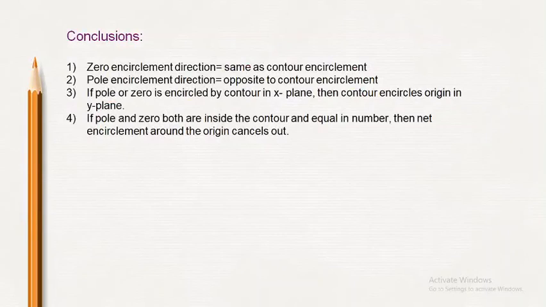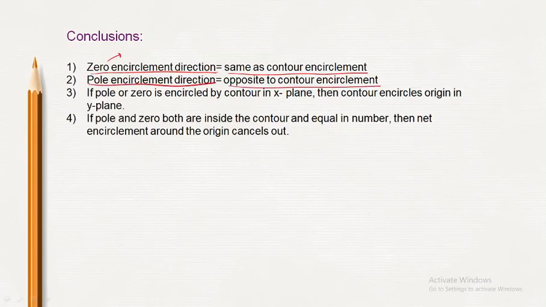So the conclusions that we have seen from the previous ones: zero encirclement direction, that means जब आपके function में zero होता है तो उसमें encirclement का direction is same as the contour's encirclement. The pole's encirclement direction is opposite to the contour's encirclement.